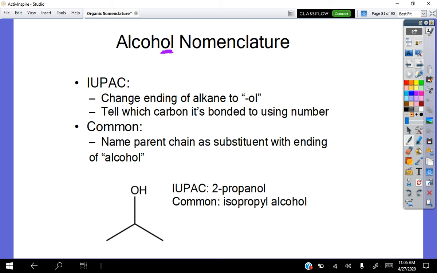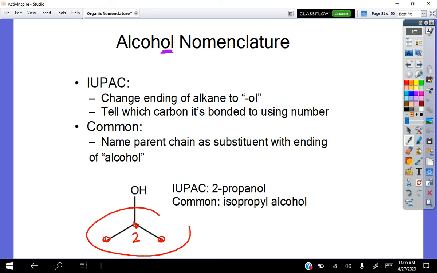So in this example, we have propane, which is a 3-carbon chain. On the second carbon is our alcohol group, our OH group. And so we name it 2-propanol. Now, the common way to name it is naming the carbon chain as a substituent of the alcohol.